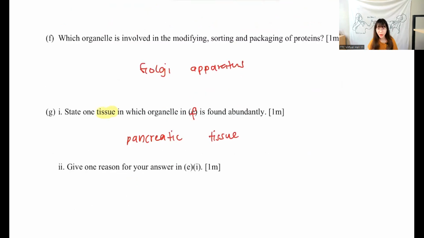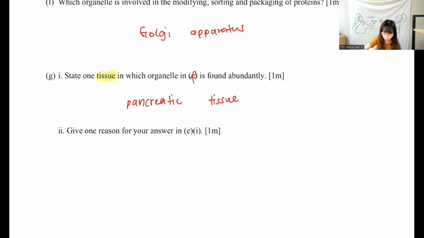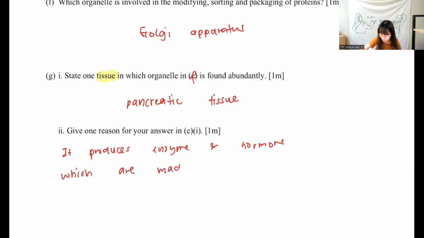Give a reason for your answer. Why does pancreatic tissue have a lot of Golgi apparatus? Because it will produce what? They are made of protein. They can produce two things, right? Enzymes and also hormones. Very good. Enzymes and hormones are made of protein. So you can say it produces enzymes and hormones which are made from protein.